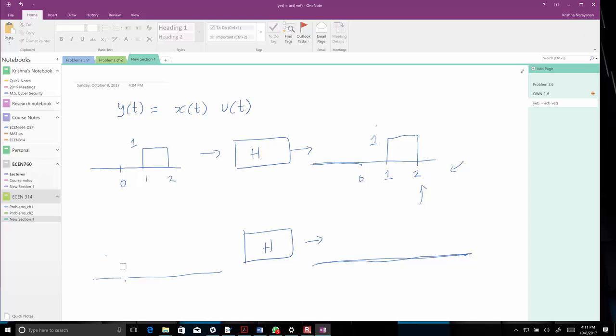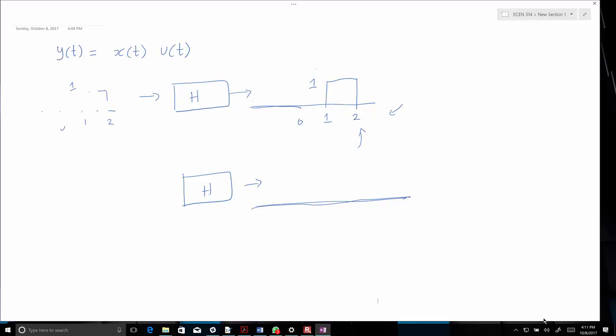If you want to really do the math, let's do the math and see where we get a difference. So we have this system, y of t is x of t times u of t. What is our test? Our test is to take some input, x of t.